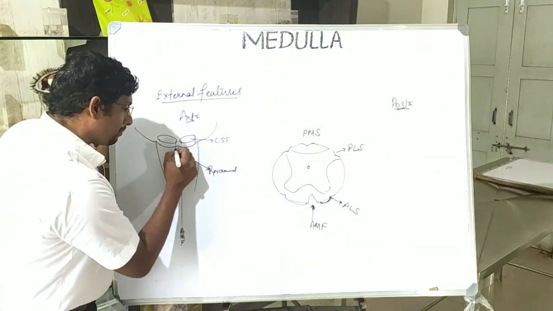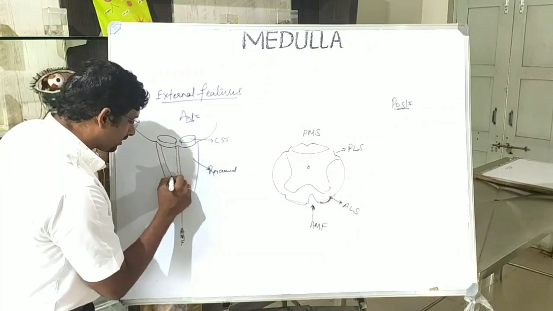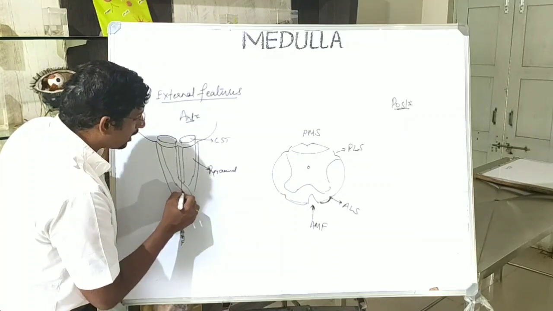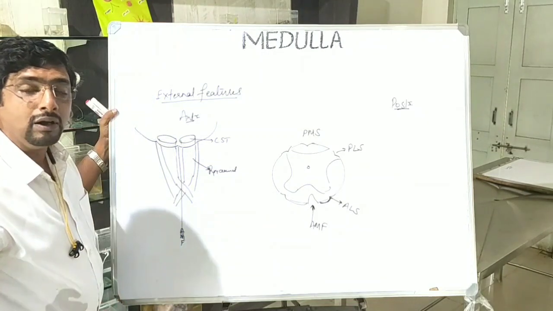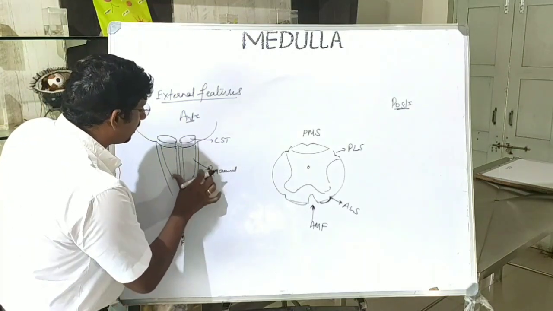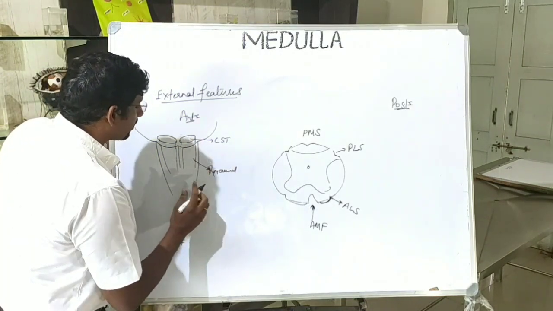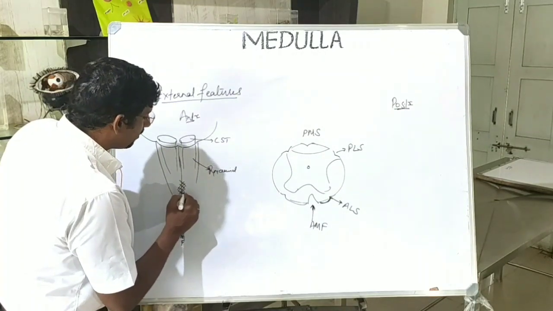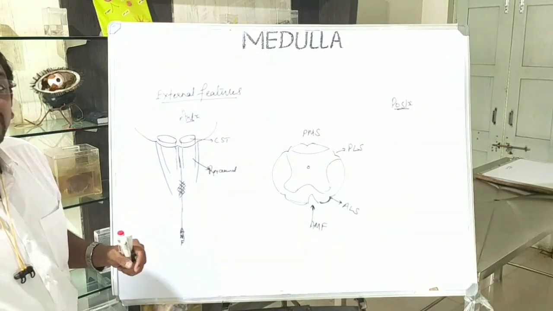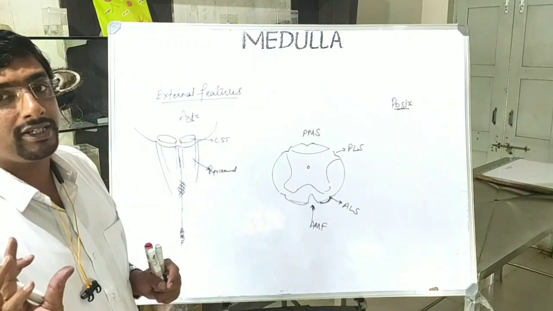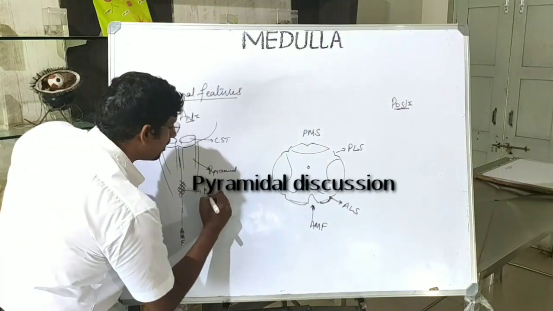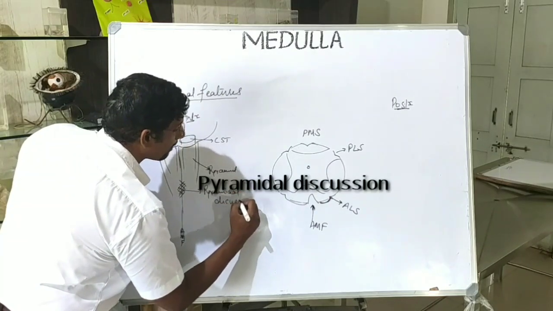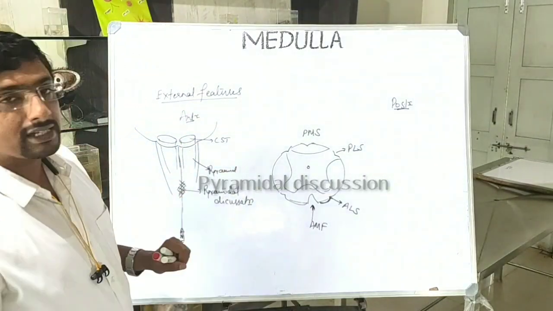So the corticospinal tracts which are inside are going to cross over in the lower part of the medulla oblongata. Due to this crossover, the lower part of the medulla oblongata will have a diminished anterior sulcus. The anterior sulcus is not conspicuous, and that is called the pyramidal decussation.